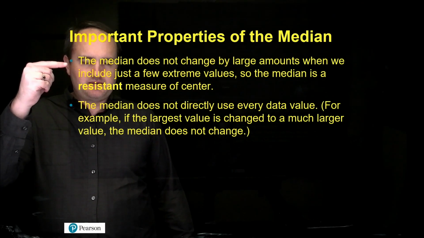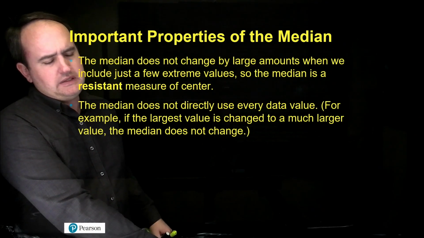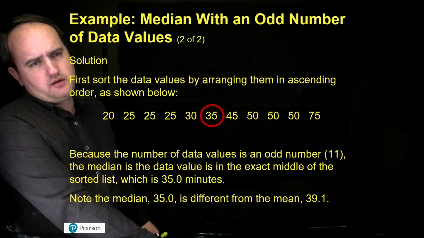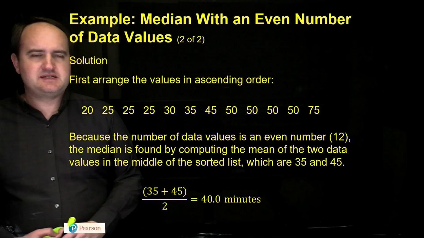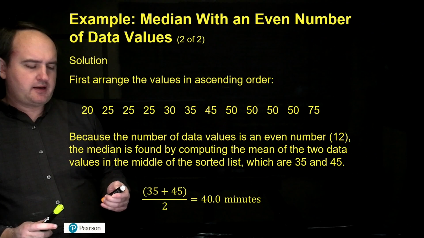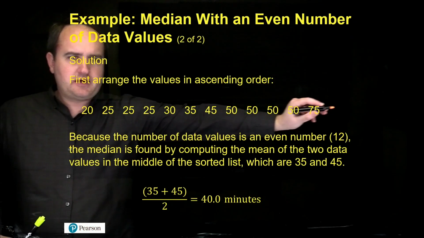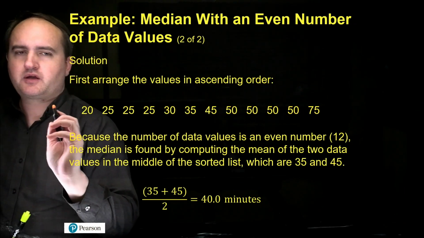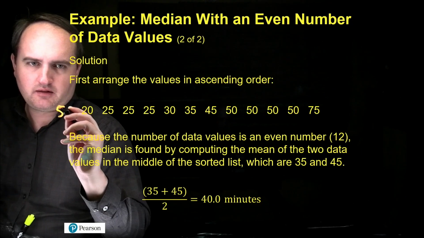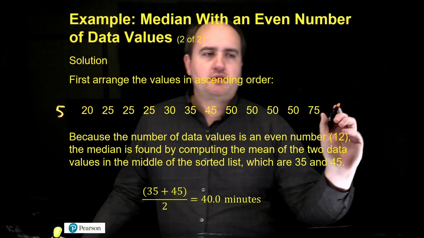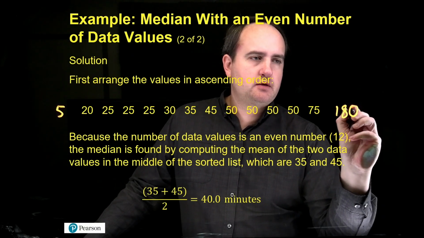Well, that's sort of the same thing that we set up here. If you look at this one that we just did, if you think about it, I could add an outlier at the beginning and an outlier at the end. So I could put a very small value of 5 here, which is an outlier. And then I could put a large value over here, like 180 minutes.